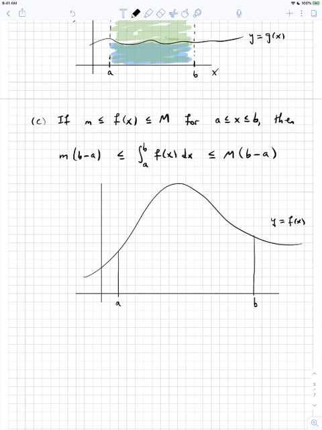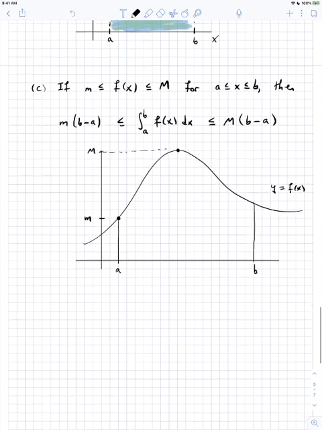Well, on this interval, the minimum value that f can take on is right here. Let's call that little m. That's at this point right there. The maximum value appears to be right about here, and let's call that capital M. So you can see that the function f is always between little m and capital M.